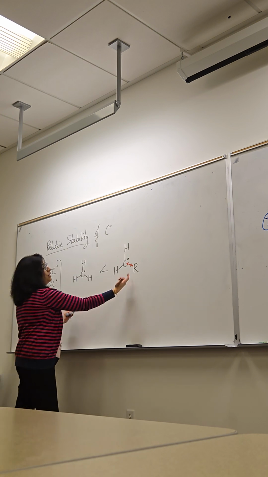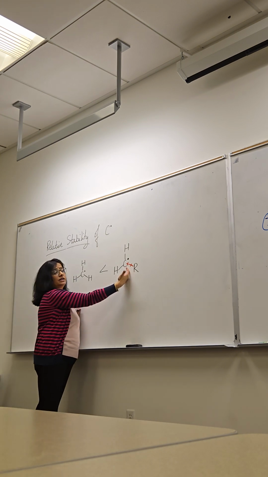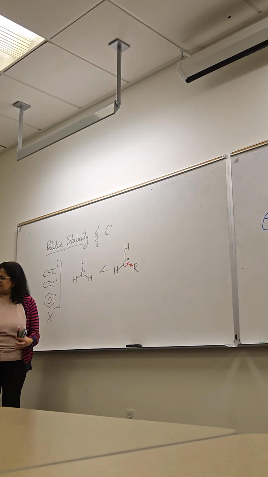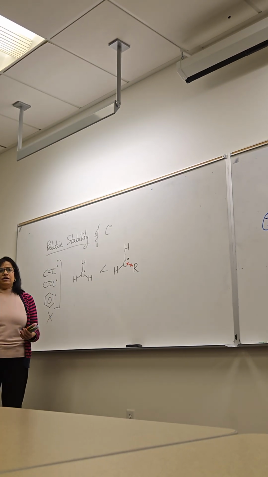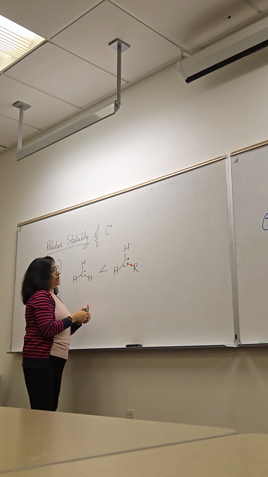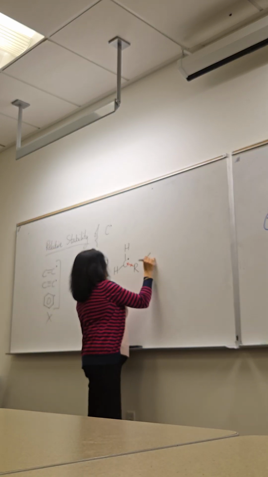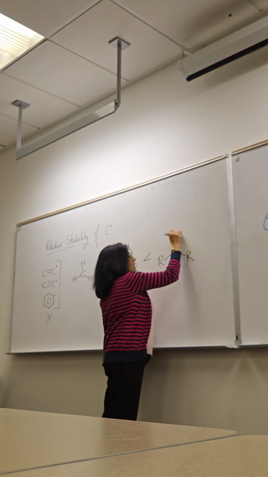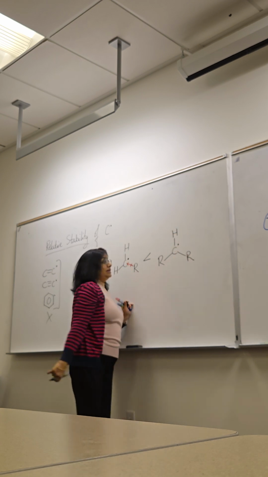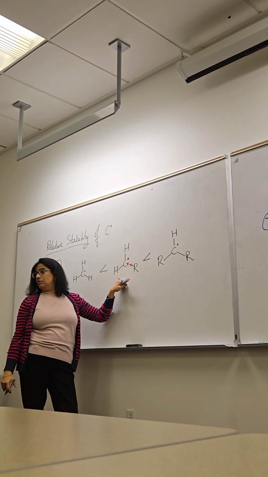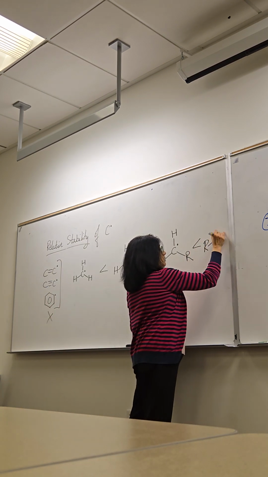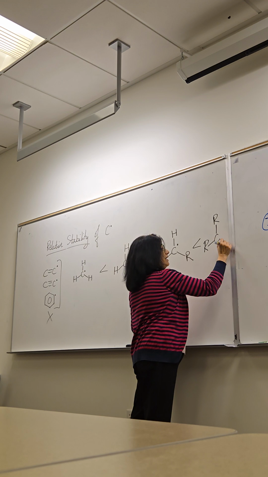So what is the R doing? If it's pushing some of the electron density towards the carbon, what does that do to the carbon? It makes it less electron poor, so happier. You guys with me? So then what if I replace two of the H's with R? That'll be even more stable, isn't it? And then what would be even more stable than that?